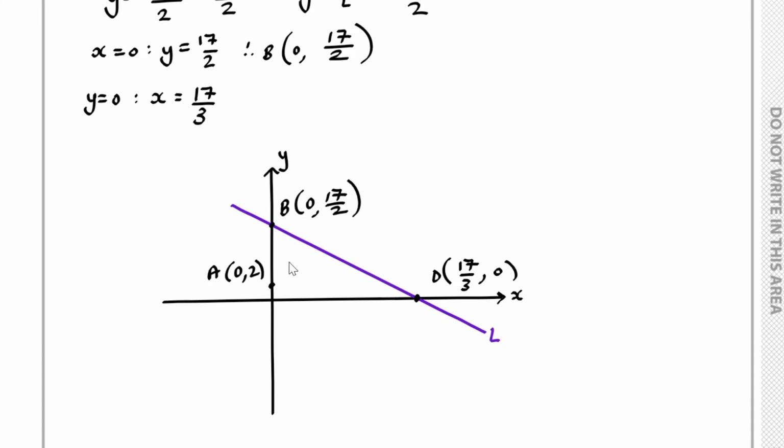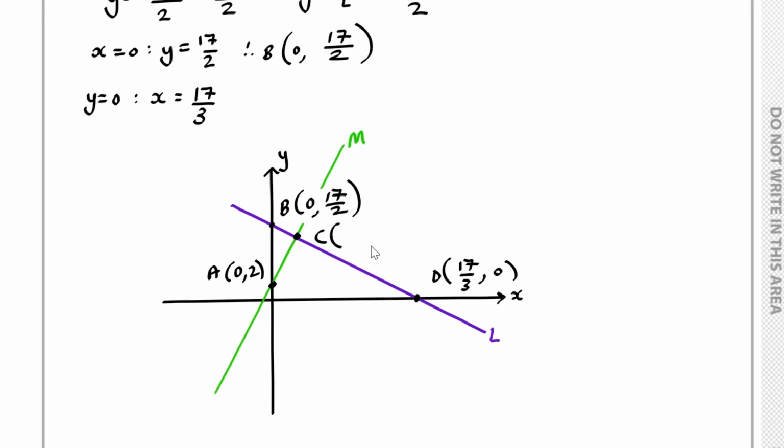Well, we know that the line M is perpendicular and it crosses C. So here is where we're going to have our line M. Okay, and they cross at this point C over here.